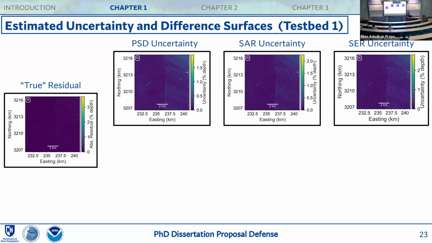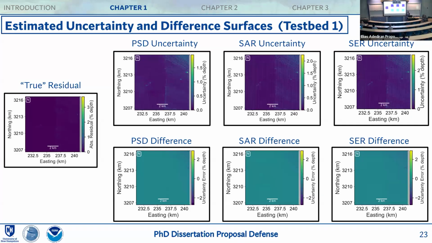If you compare the true residual and those surfaces, you see the same pattern in them, but maybe that is not clear enough, because there may be some outliers acting on the true surface itself. But if we subtract the estimated uncertainty surfaces from the true residual surface, the difference is what I'm showing down here.